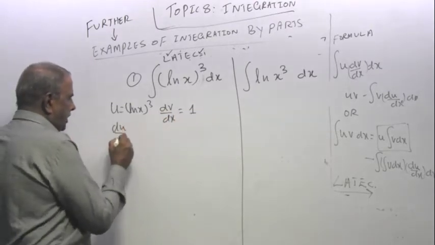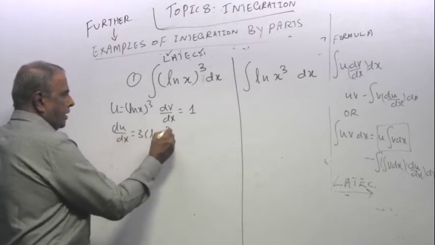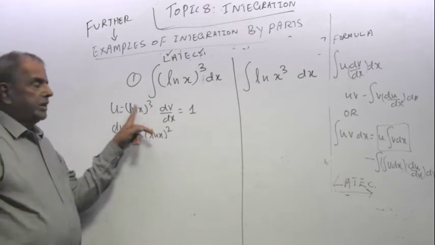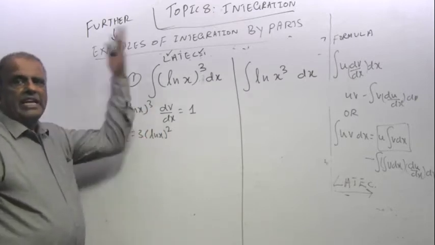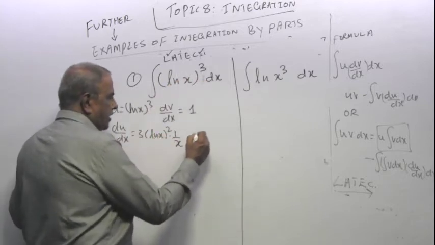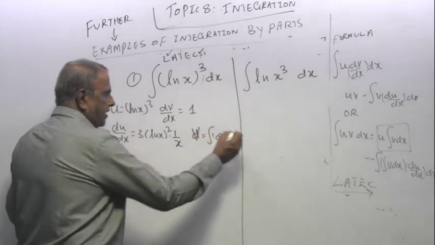So your du by dx is 3 times ln x the whole squared, onion rule. You first differentiate the cube, keeping ln x as it is, then differentiate ln x. When you differentiate ln x, I get 1 over x, and v is integral 1 dx, which is x.